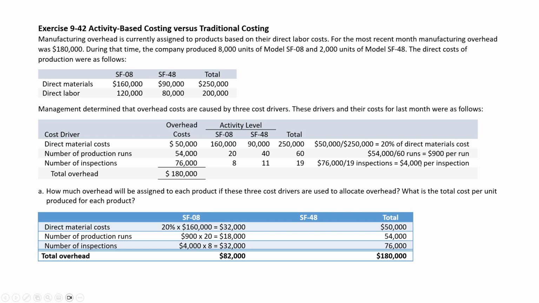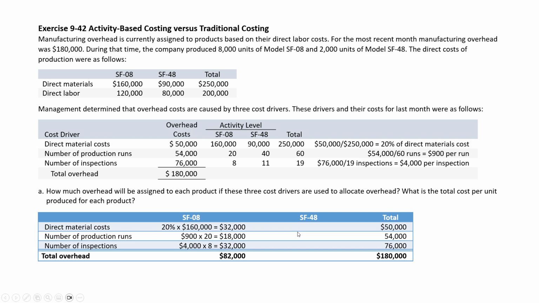Inspections, $4,000 per inspection times 8 inspections for model 8 is $32,000 of inspection related overhead. Adding these 3 together, 32,000, 18,000, another 32,000, we would assign $82,000 worth of overhead to model 8. So that's one question answered.